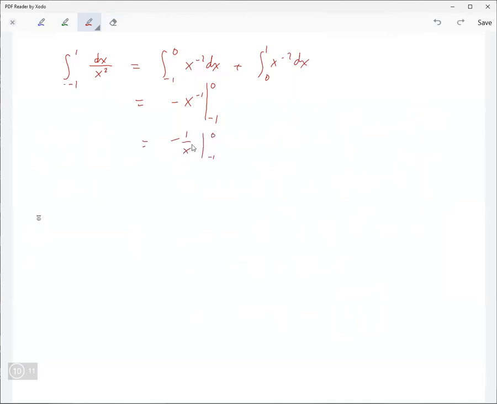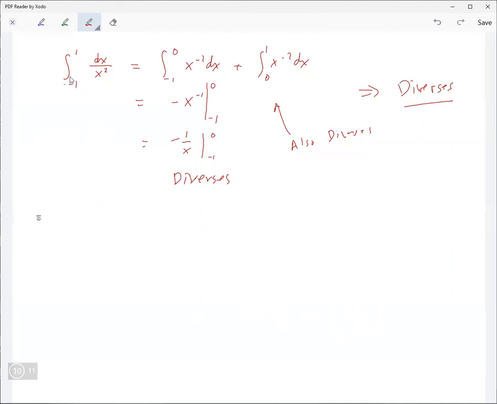And then right there, when you try to plug that in, it's just not going to work, okay? So this one diverges. And the other one's also going to diverge. So the answer there would be that this integral diverges.